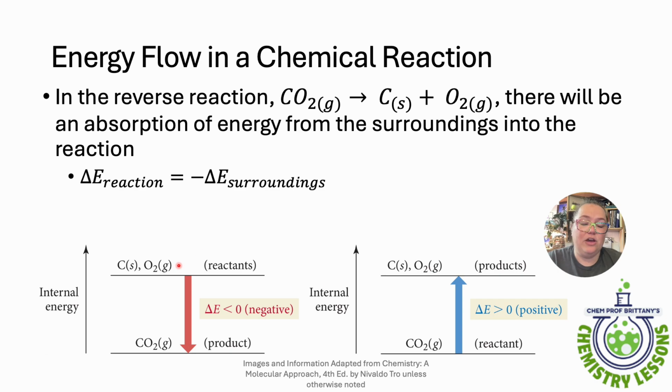So here, the initial situation that we discussed, we lost energy, which meant that our delta E, our change in energy, was going to be negative, right? If we flip the equation around, it's going to be positive. Same amount, just a different sign to show the direction of energy flow.